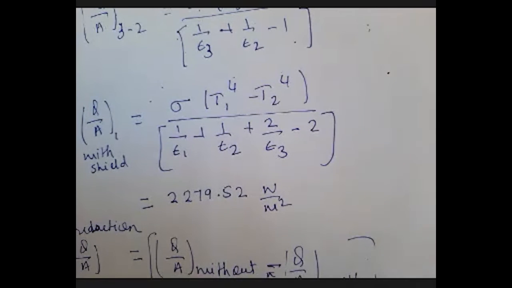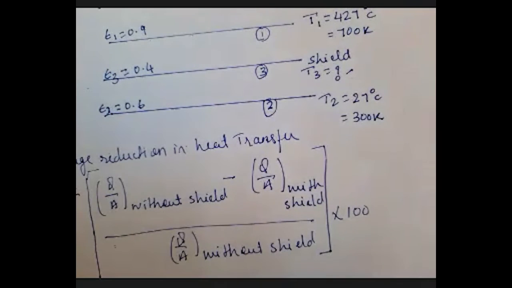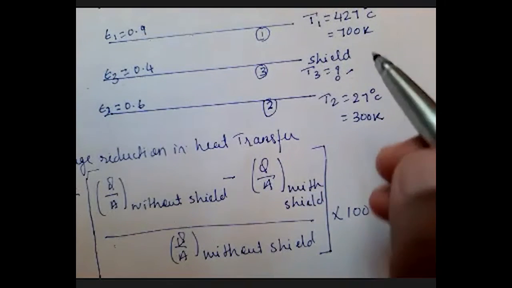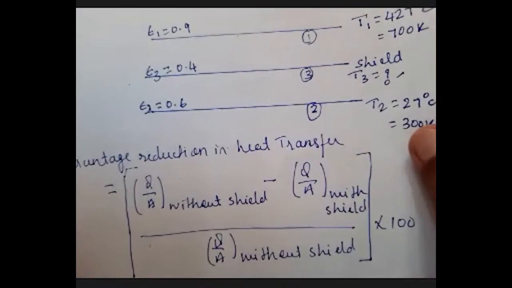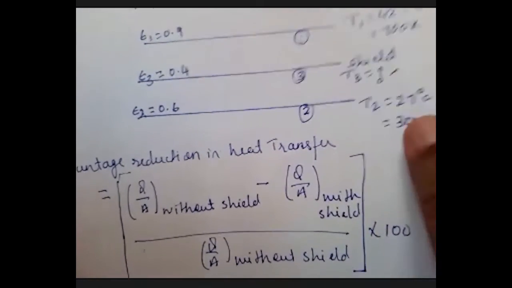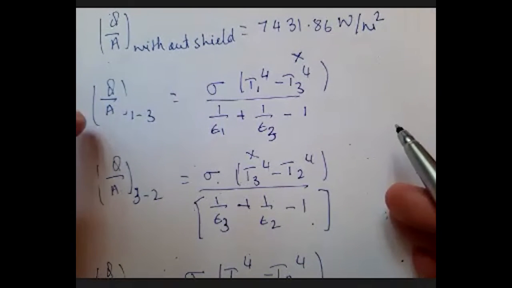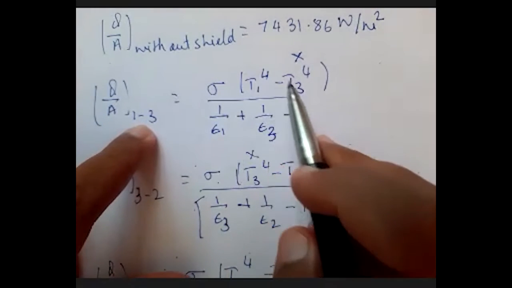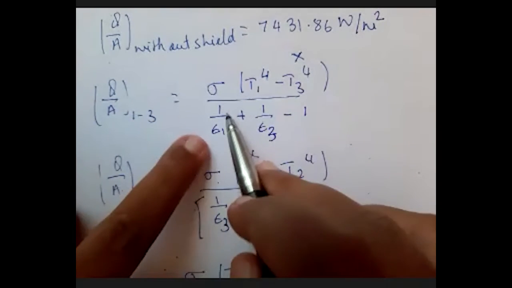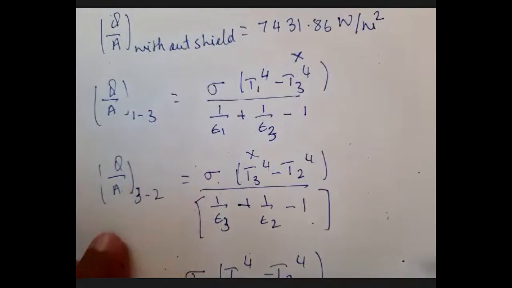Along with this problem, sometimes they ask us to find out the temperature of the shield T3. Sometimes they ask us to find out the temperature of the shield T3 in some problems. Let me solve that in the same problem where I know that the heat transfer rate per unit area from 1 to 3 is equal to sigma into T1 raised to 4 minus T3 raised to 4, 1 upon emissivity 1 plus 1 upon emissivity 3 minus 1.